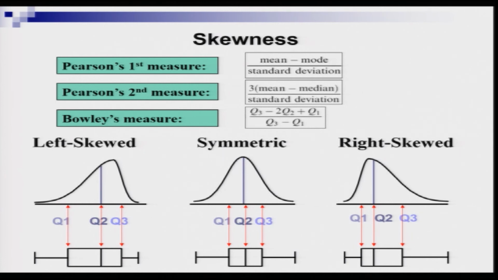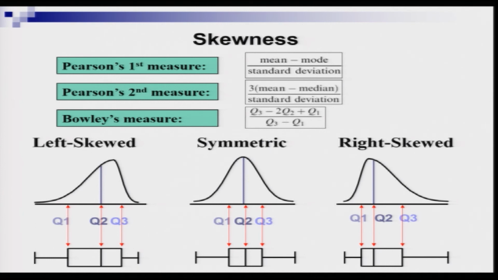Note that these measures actually have come from that empirical relationship between mean, median and mode that I have shown you earlier. So, if there is a difference between mean, median and mode in your data set, that actually tells you that your data is not symmetrically distributed. So, there will be some skewness. Now, how to measure the skewness? You can use that empirical relationship to find out some formula as Professor Pearson suggested.